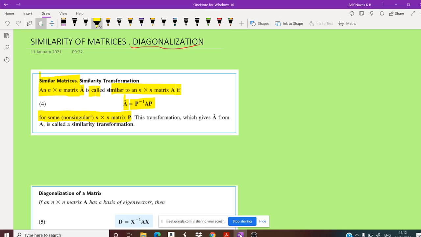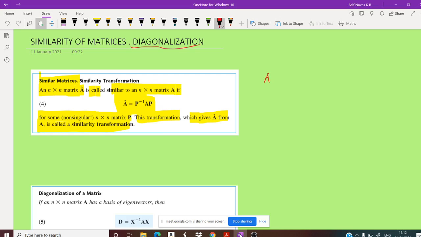So what do you mean by a non-singular matrix? Non-singular matrix means invertible, right? Determinant non-zero means an invertible matrix. And this transformation, which gives A cap from A, is called a similarity transformation, and A cap and A are called similar matrices.